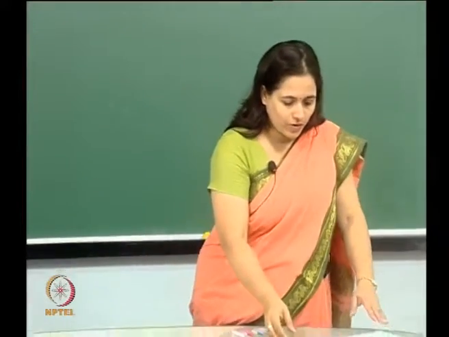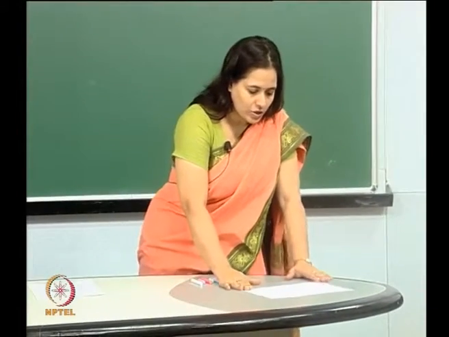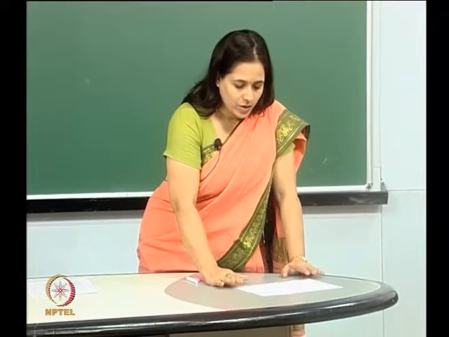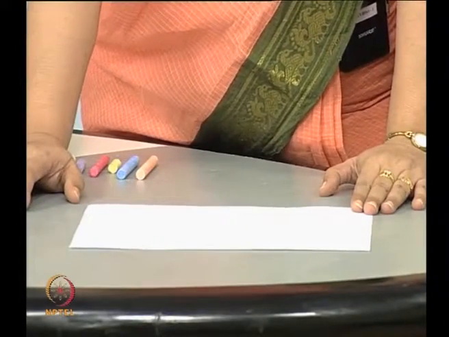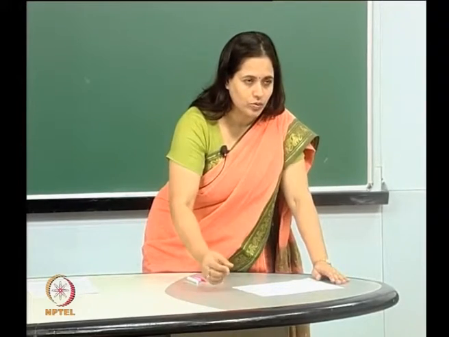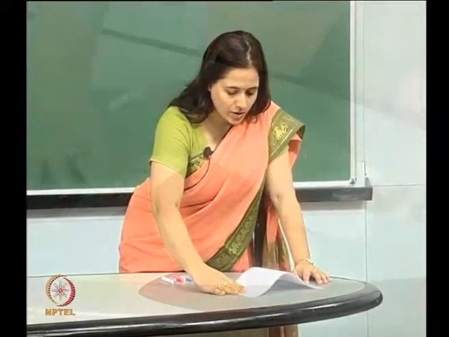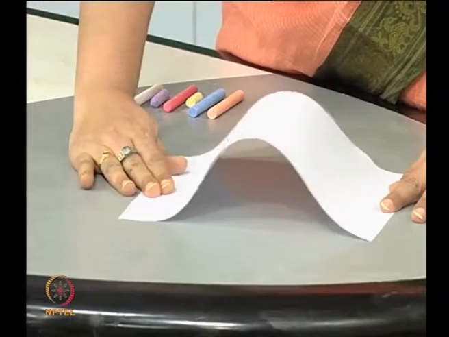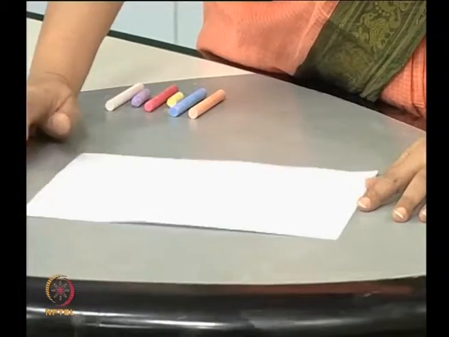You can think of this sheet of paper as the still water in the pond, and then when you throw the pebble or the stone there, a disturbance is created. So, then you see this. You have still water like that, and then you see a ripple being created.